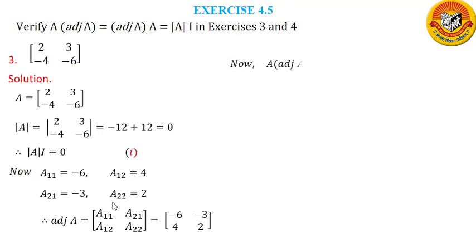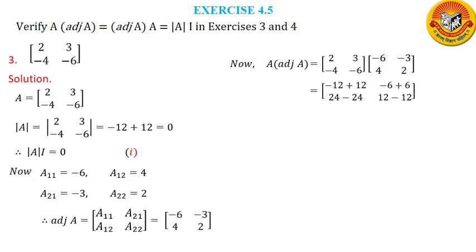Now let us multiply A by adjoint of A. So I will multiply this A, which is 2, 3, minus 4, 6 by adjoint A, which is minus 6, minus 3, 4, 2. So multiplication, you know how to multiply. I will use this first row 2, 3 and this first column. So 2 into minus 6 plus 3 into 4. That gives me the first element.